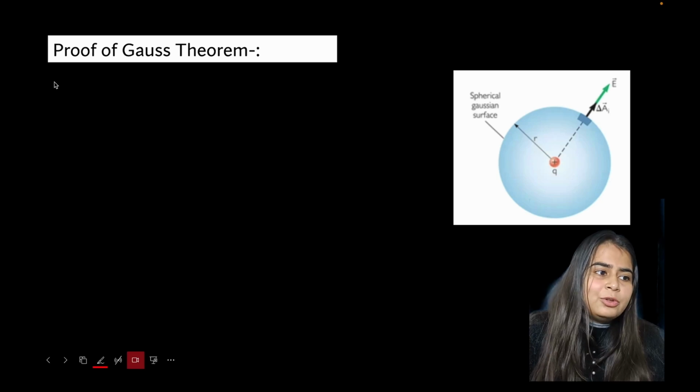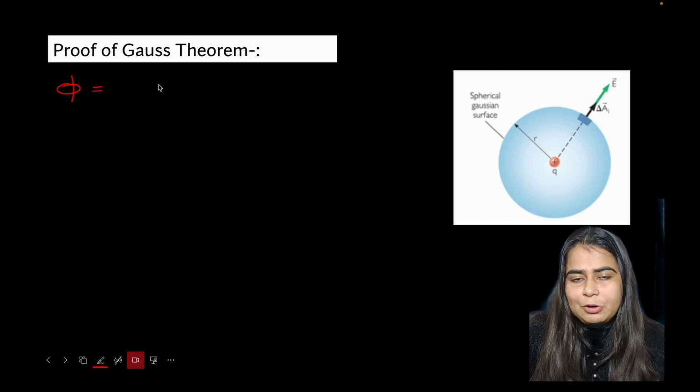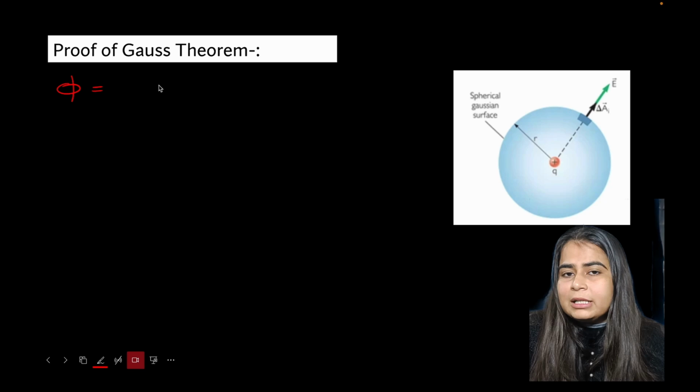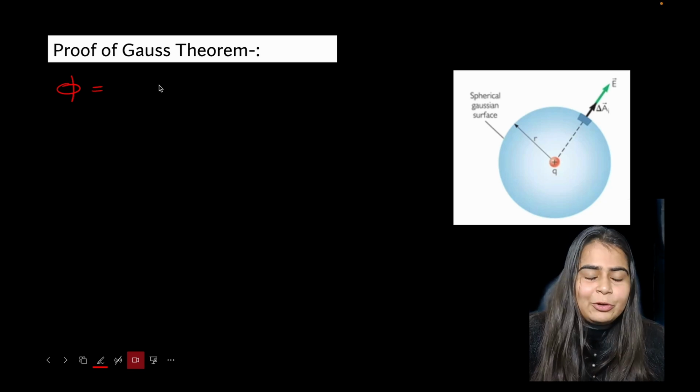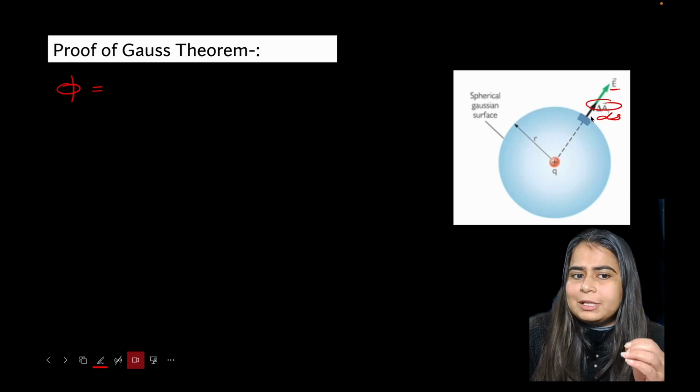The flux associated with a small surface can be obtained by the dot product of the electric field vector and the areal vector. You can see from the diagram that this is the electric field vector and this is a small element, let's write it as ds. It's a very small surface.